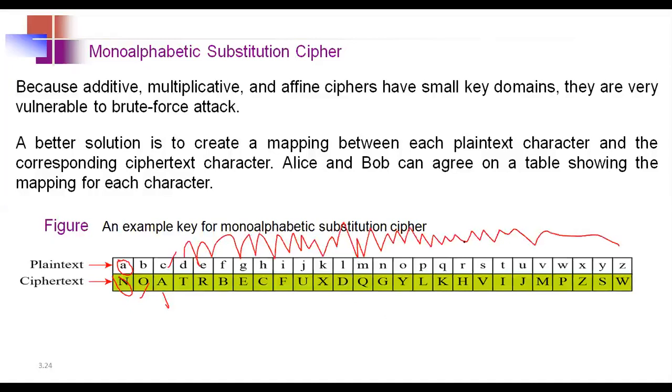For example, O is mapped with Y, or Z is mapped with W.